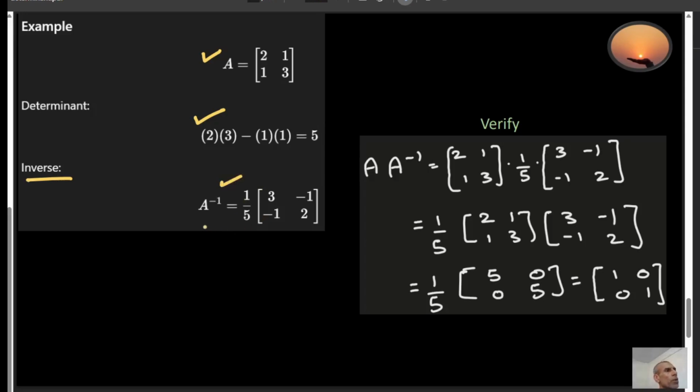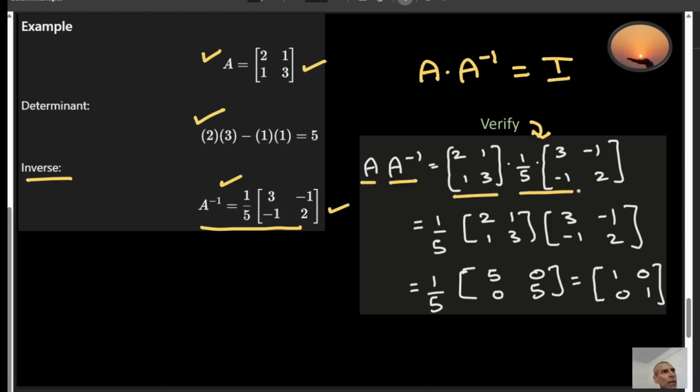Now, how do I know that this A inverse is the right A inverse? Well, if you remember, I was explaining that you take A and multiply by A inverse, and that should give you your identity matrix. And that's what we're doing over here. We're trying to verify. So I'm taking my matrix A, this right here, and multiplying by A inverse, that would be this right here. Now, this is just a scalar number, so I'm putting the scalar outside.